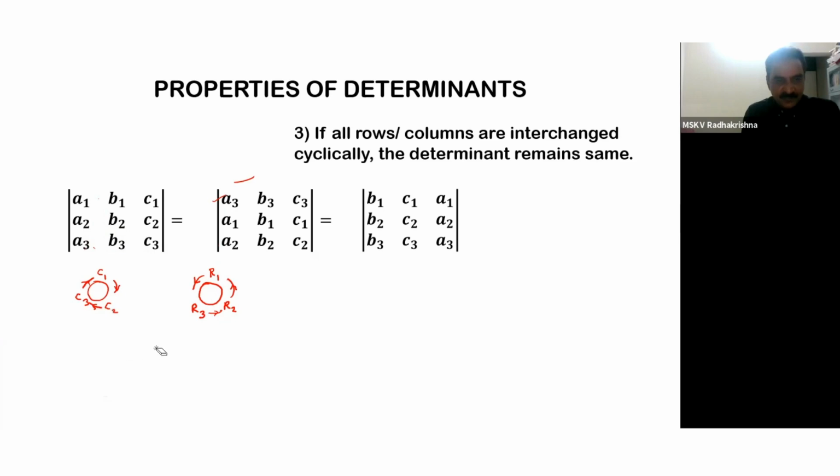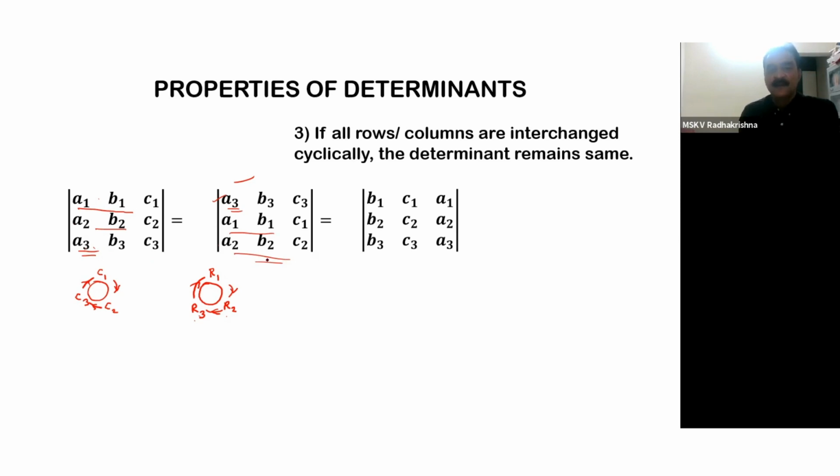If you take R1, R2, R3 around the circle and interchange clockwise like this, then R3 becomes R1. R1 becomes R2. See, this is R1, it becomes R2, second row. R2 becomes R3. The second row becomes third row. If you do this interchanging, it is called cyclic interchanging. The value of the determinant remains same.